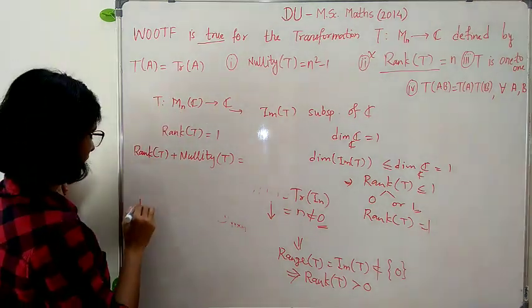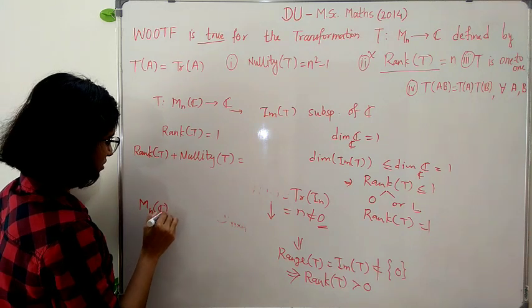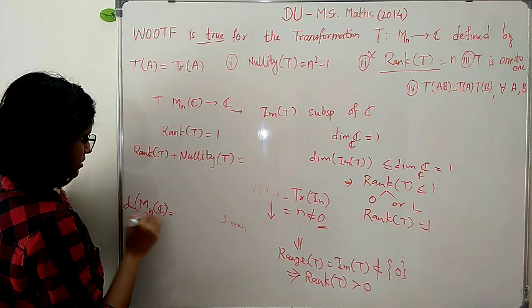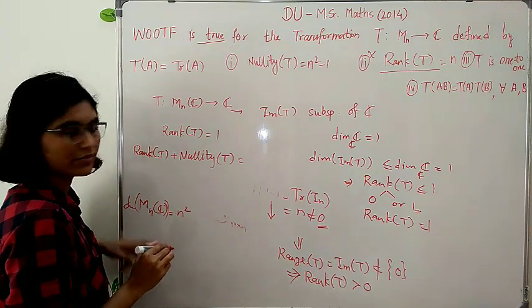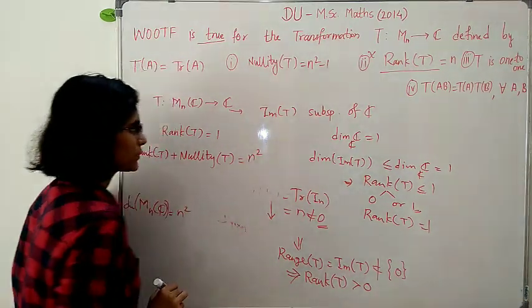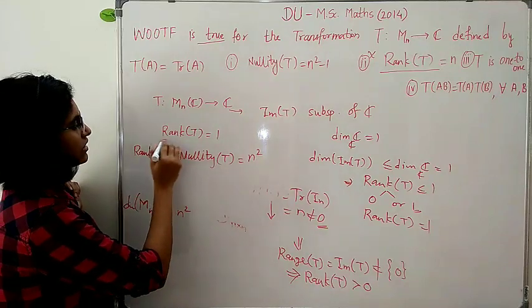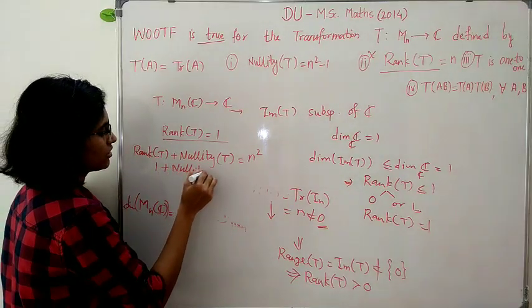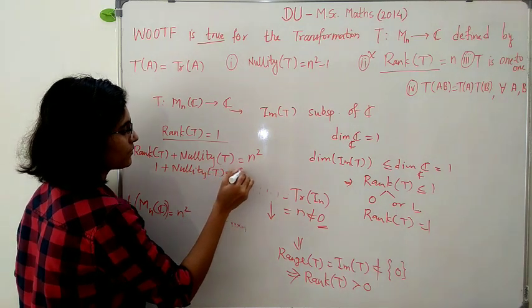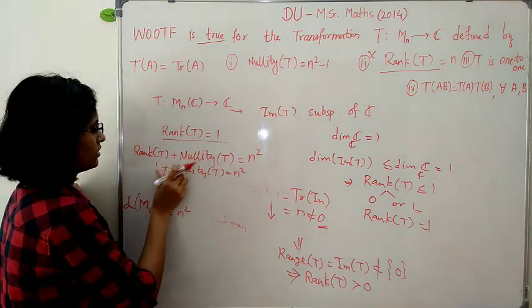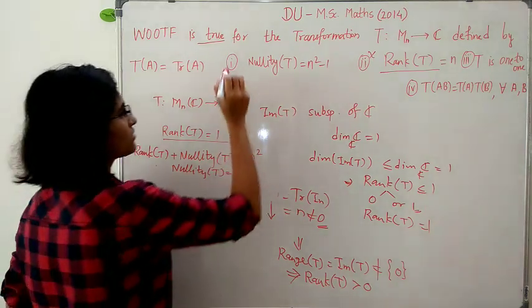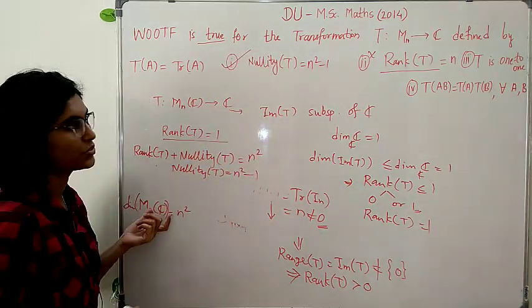It is the set of all n by n matrices, so clearly the dimension is equal to n square. Just now we have seen the rank is 1, so 1 plus nullity of T is equal to n square, and hence nullity of T is equal to n square minus 1. So look at this, the first option is the correct option.